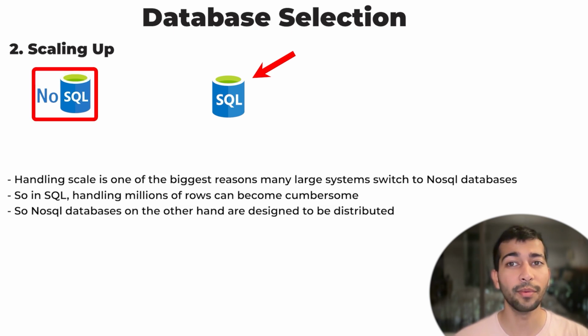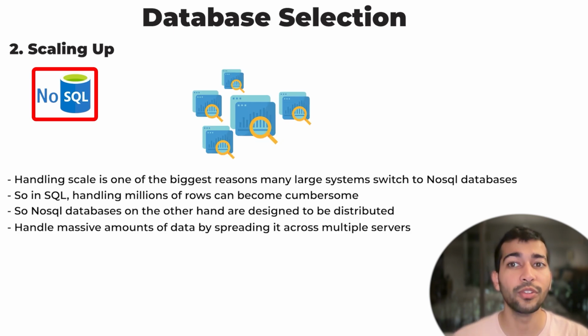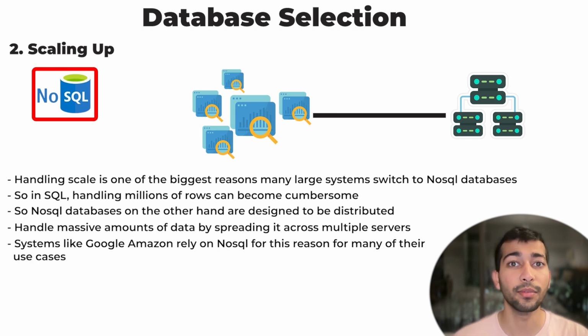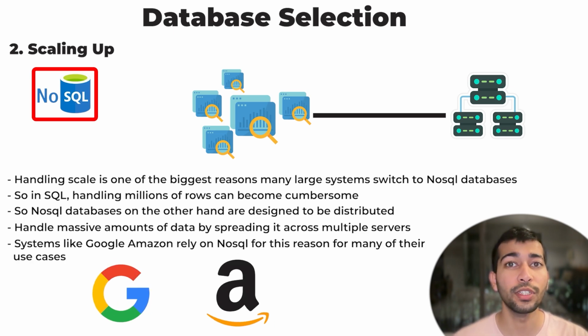NoSQL databases, on the other hand, are designed to be distributed, meaning they can handle massive amounts of data by spreading it across multiple servers. So for NoSQL, if you're expecting scale, this is the go-to because it was built to grow. Systems like Google and Amazon rely on NoSQL for this reason for many of their use cases.